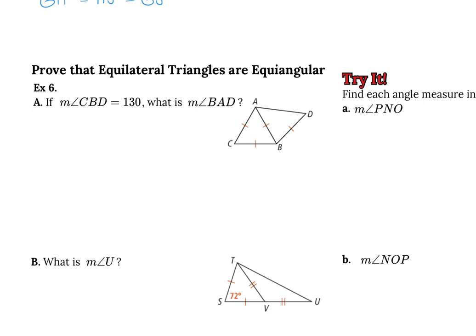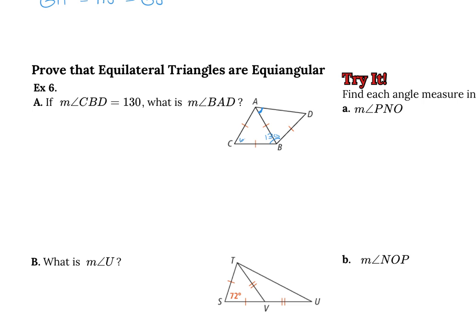This time they give us that the measure of CBD, so this entire measure, is 130. And we need to find what BAD is, so we're looking for this angle right here. With an equilateral triangle, all of the angles are congruent to each other and all of the angles inside would be 60 degrees.